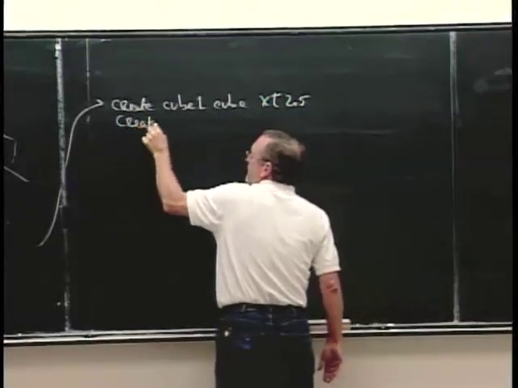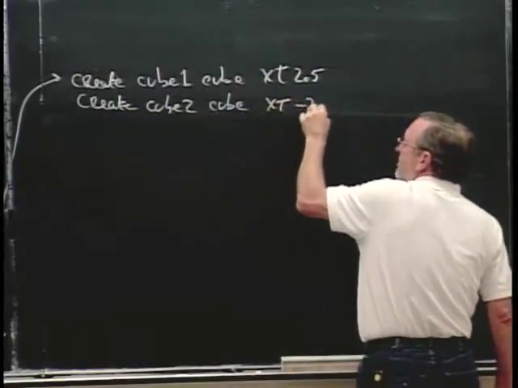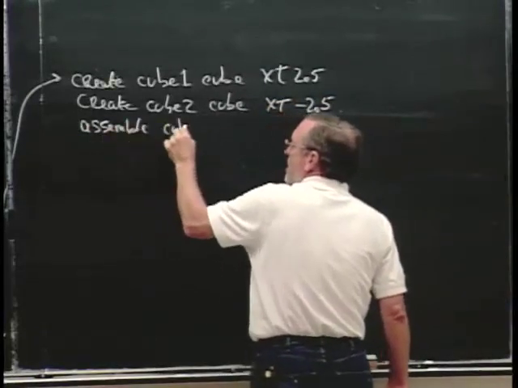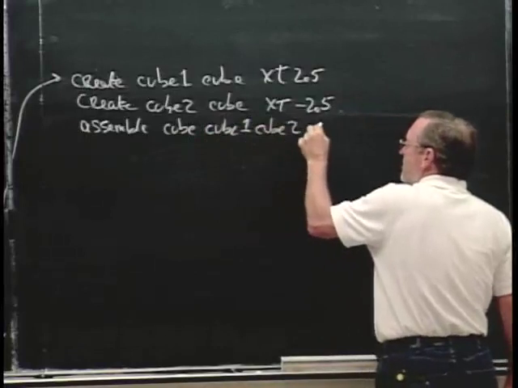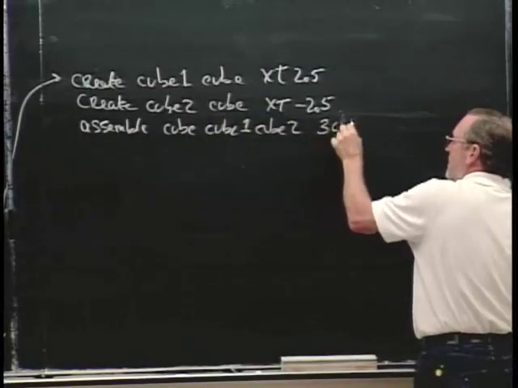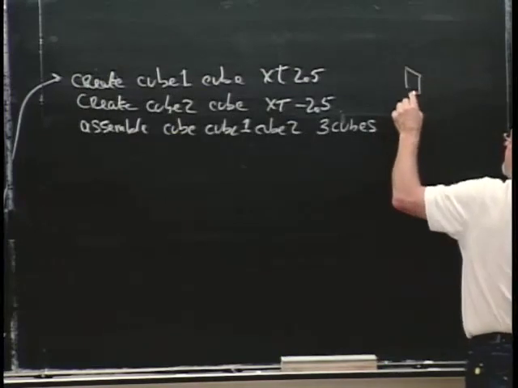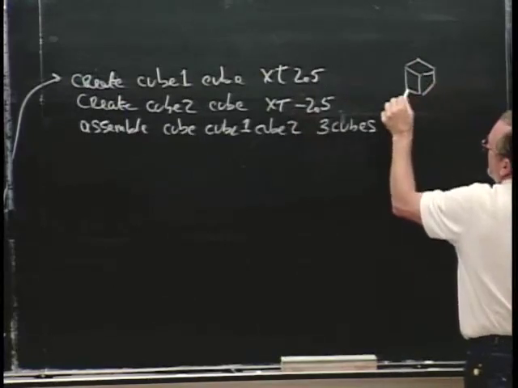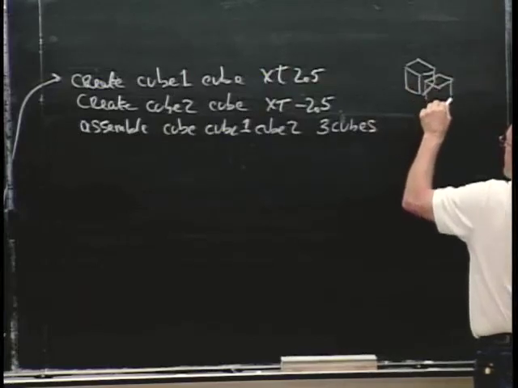Create cube 2 from cube, an x translation of a minus 2.5, and assemble cube 1 and cube 2 into 3 cubes. Like this. Now can you see what I've done? I have a cube, and I've translated it 2.5 in the x direction, so that's bigger than the width, so I end up with this over here.